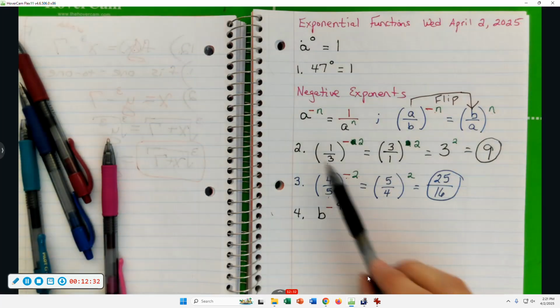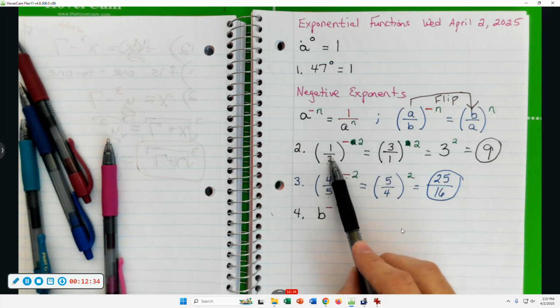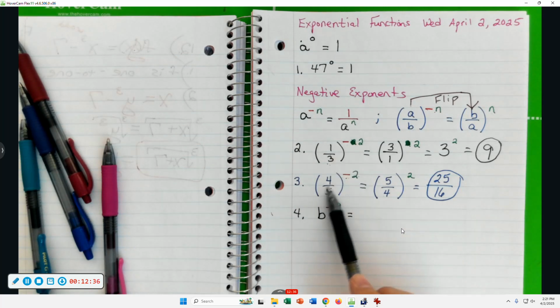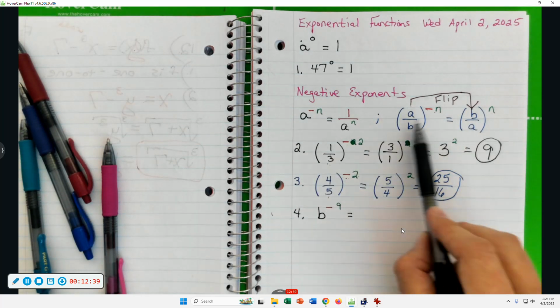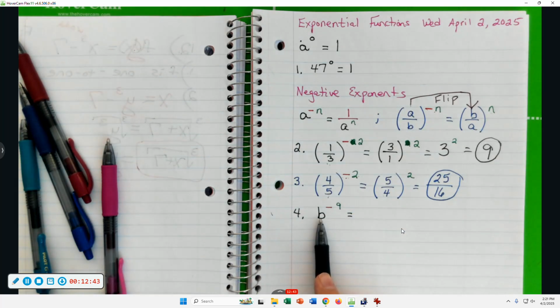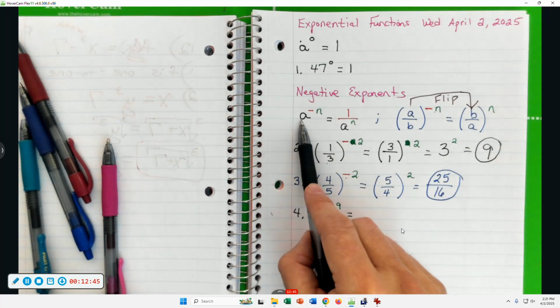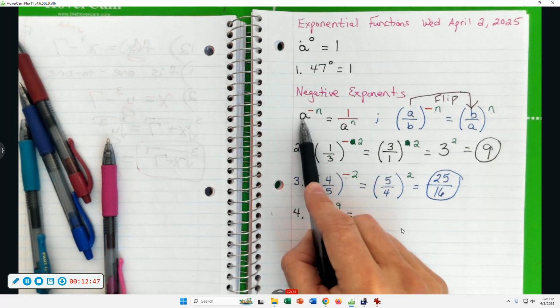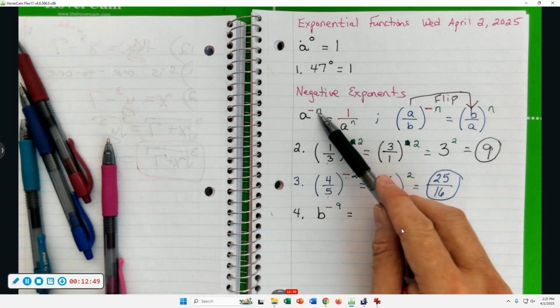See, problems 2 and 3, those were fractions with negative exponents. So we use this rule over here. But on problem 4, there's no fraction. So it's this rule here. B to the negative 9.